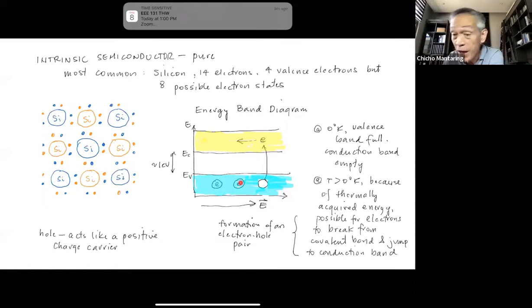They will not have enough energy to just move around, no? Because they are here in the valence band. No, they may not have enough energy to move around as this conduction electron will have. But it can have enough energy to jump from here. Sorry, I should draw another electron here.